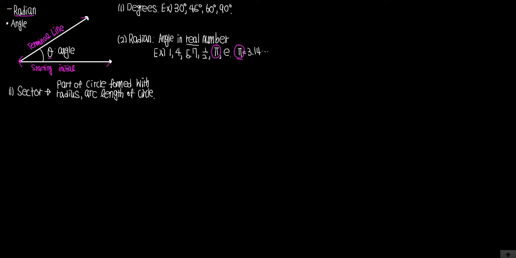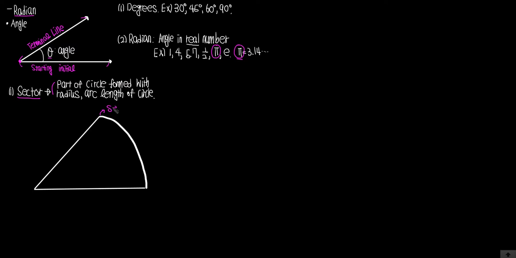So from this sector, which is part of a circle, we will be able to define the radian. And the radian is kind of a ratio. Before we start, let's say there is a sector that looks like this. And again, this is a sector.